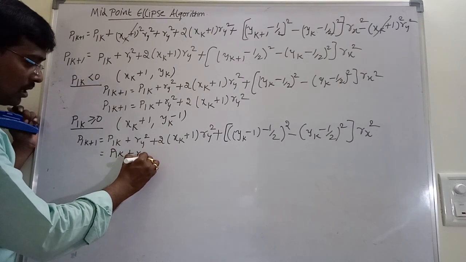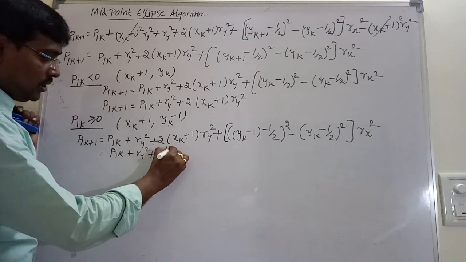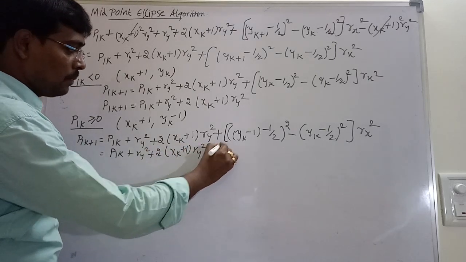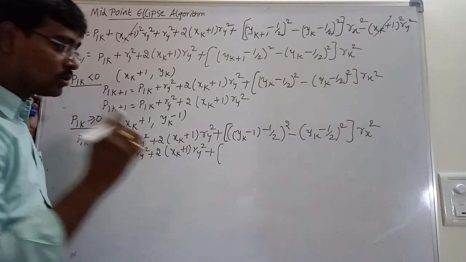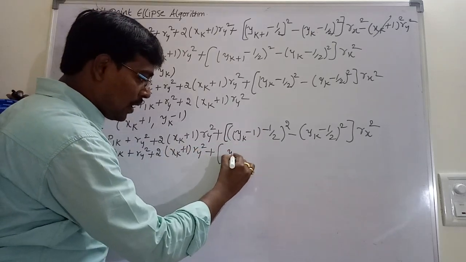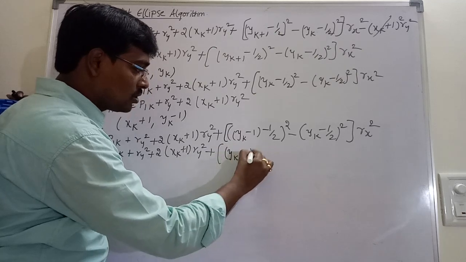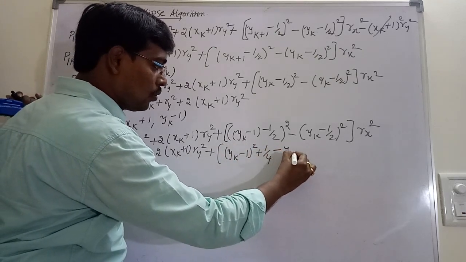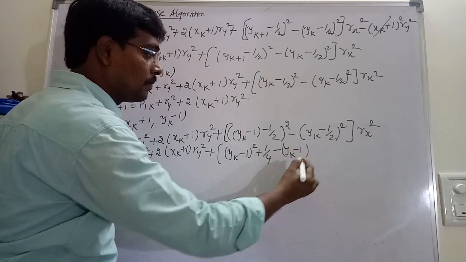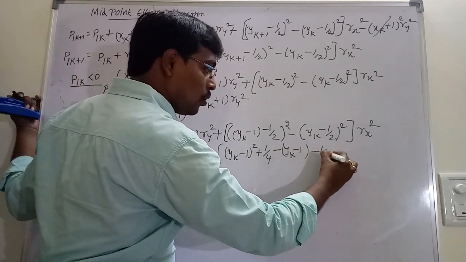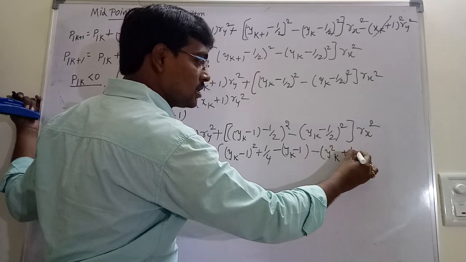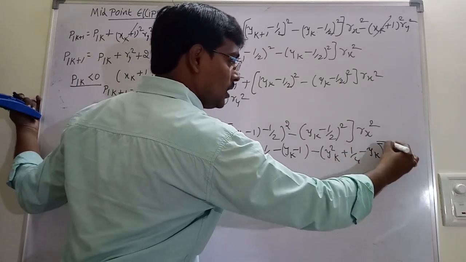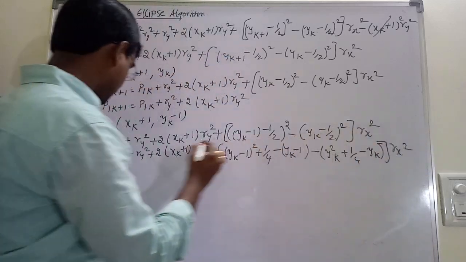Now p1k plus ry square plus 2 into (xk+1) into ry square plus, using the (a minus b) whole square formula, that is (yk minus 1) square plus 1 by 4 minus (yk minus 1), minus (y square k plus 1 by 4 minus yk), into rx square.